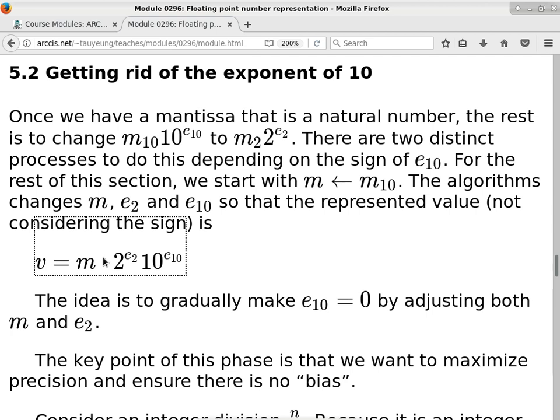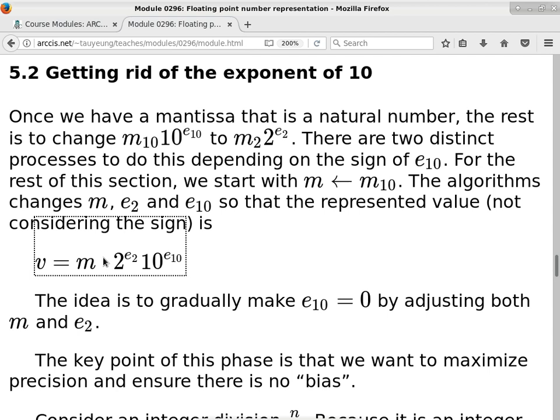So initially, we have E2 being 0 because the original number is in base 10, and as a result, M is M10, and then we only know the exponent of 10, so that means the implicit exponent of 2 is 0 to begin with. So we want to change it gradually. If E10 was negative, we want to gradually increase it to 0 by changing E2 and also M to adjust for that, okay?